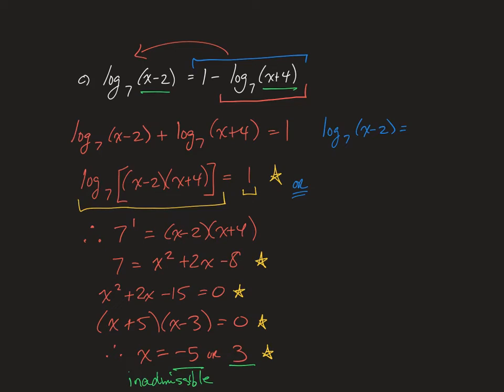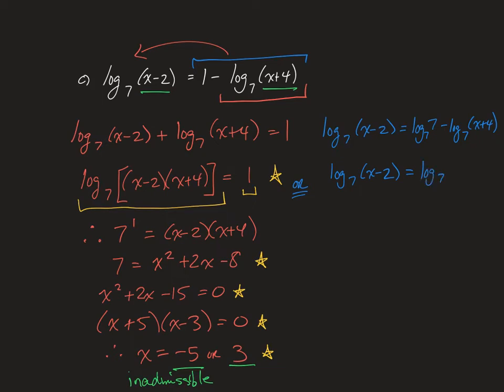And so I could rewrite 1 as log 7 from base 7. And now on the right side, I have one log subtract another log.